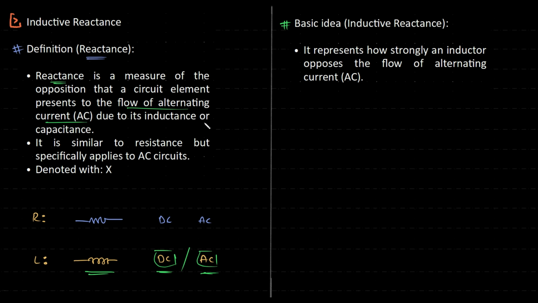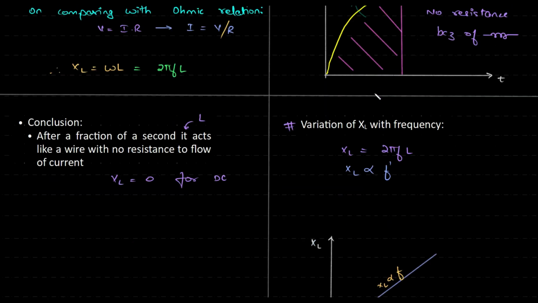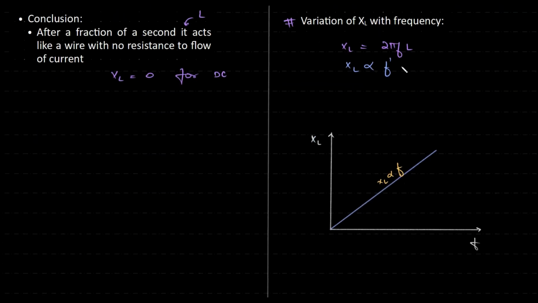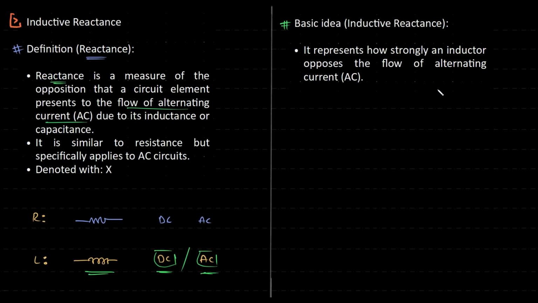Specific to your inductor, it is known as inductive reactance. When it comes to the capacitor, we'll be seeing that. By the way, X is meant for reactance, and XL means inductive reactance. The math is quite simple and the definition is simple. When it comes to DC, the inductive reactance is 0, so the inductor acts as if it's not there. And it is linearly proportional to the frequency of the AC source.